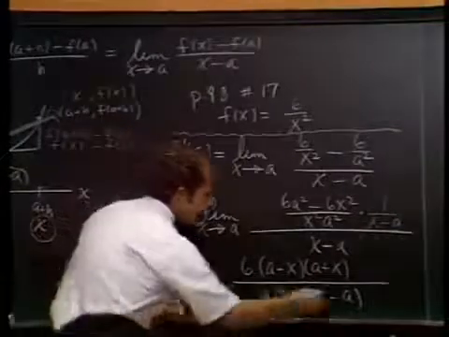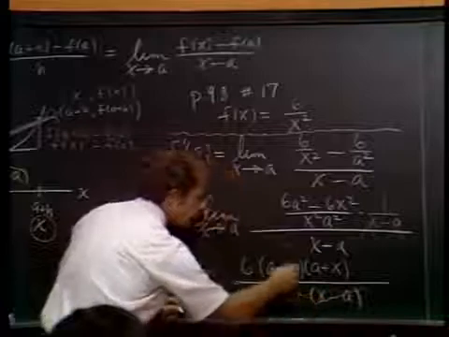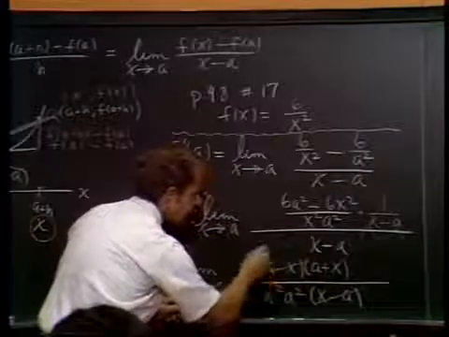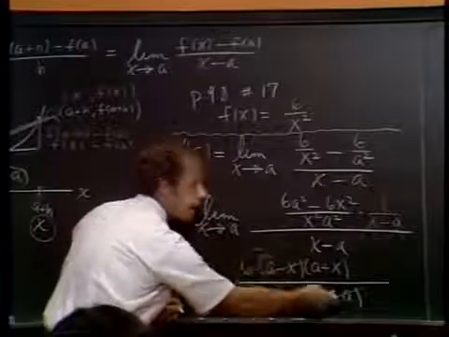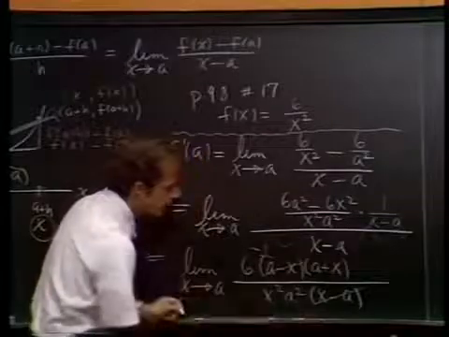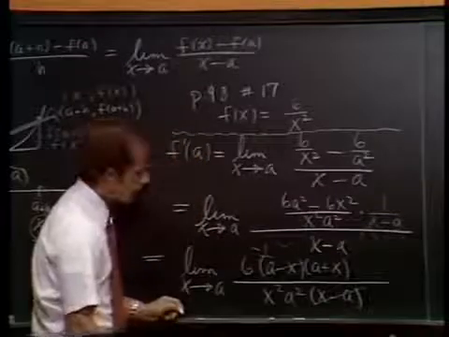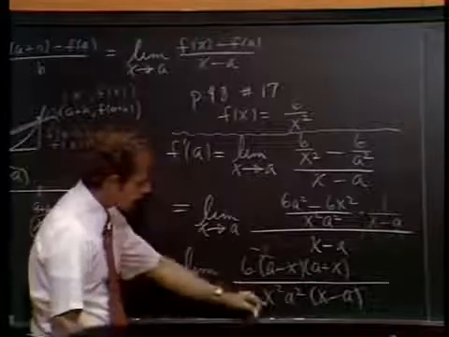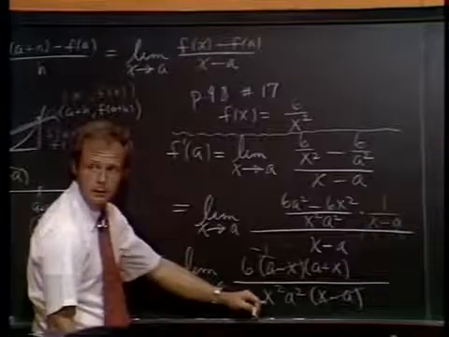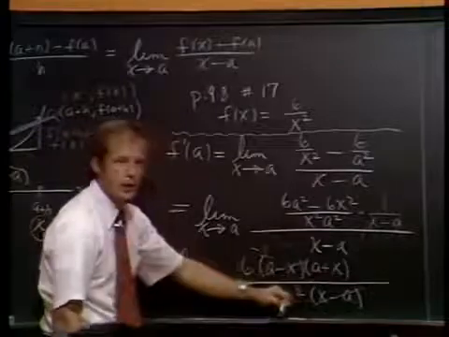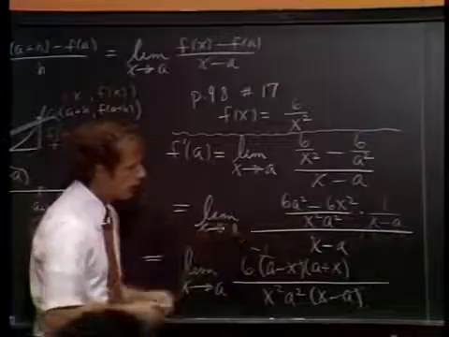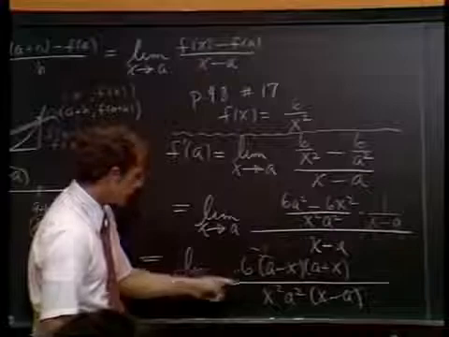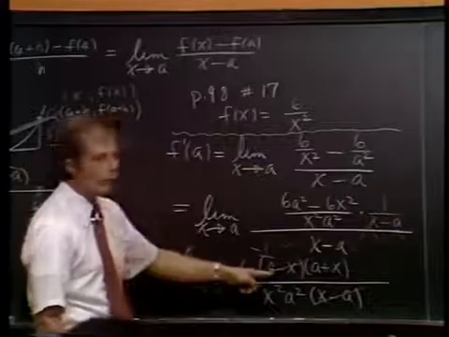But anyway, we finally get this cancellation. Well, that's the negative of this. But anyway, we got rid of the bad fellow, so to speak, in the denominator because we were letting x approach a. What you're left with is really a rational function in variable x. It really is a polynomial in x, numerator and denominator. So I'm saying it's okay now to plug in x equals a, numerator and denominator.